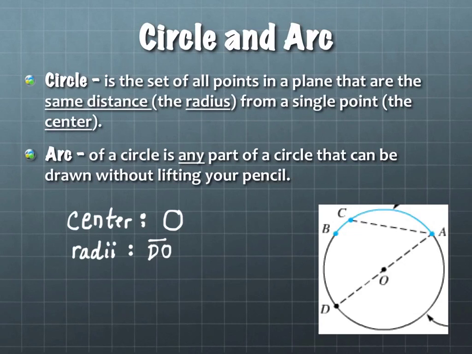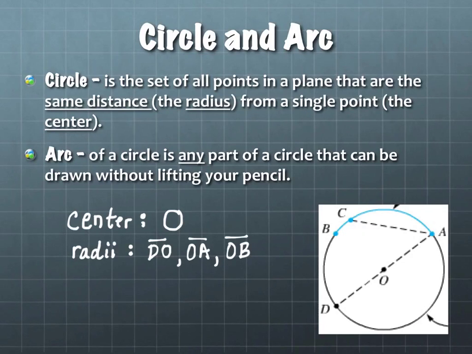And it is a line segment, so we'll put the line segment notation on top of it. DO would be an example of a radius. What's another one? Okay, OA. How about OB? Yeah, these are all examples. There's infinitely many. If you take any point on the circle and the center, it creates a radius.